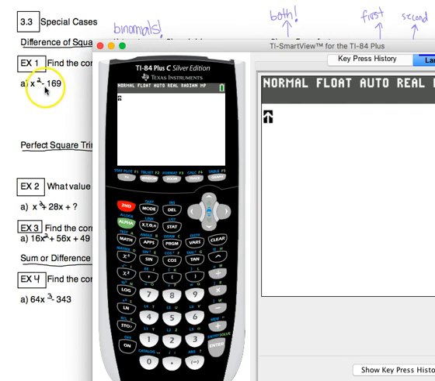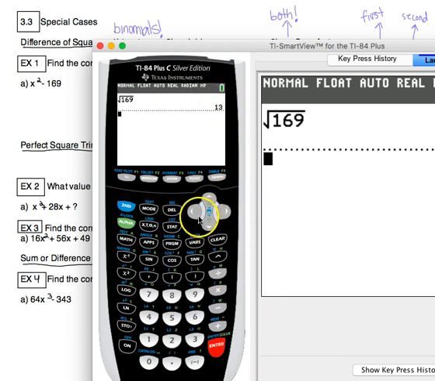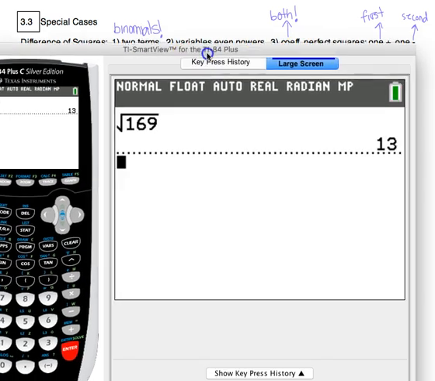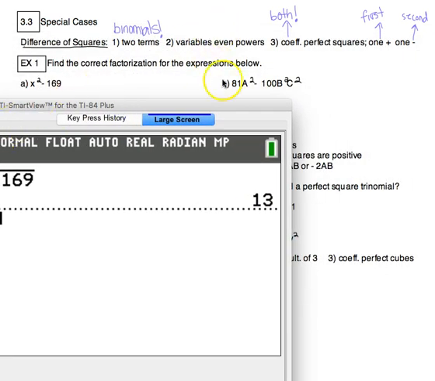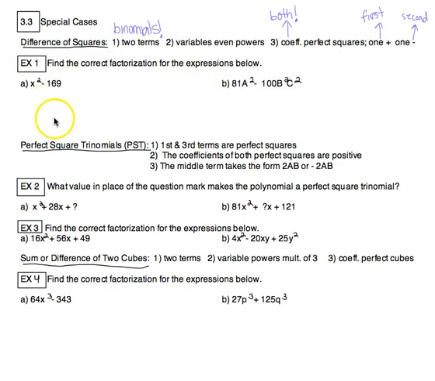Don't put the negative sign in with it because we can't have square roots of negative numbers. Those are imaginary. So type your number, in this case 169, press enter. If it comes out as a whole number, then it is indeed a perfect square, and what you see is the square root. So this is a difference of two squares.